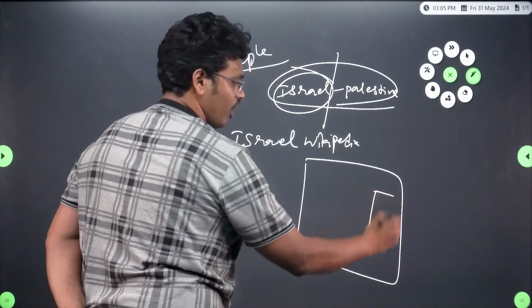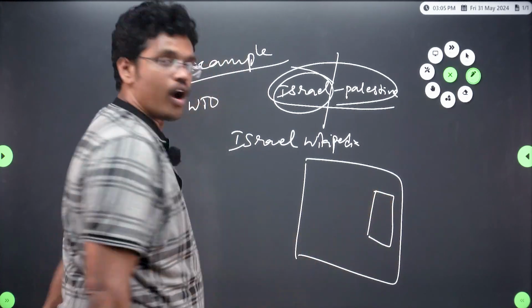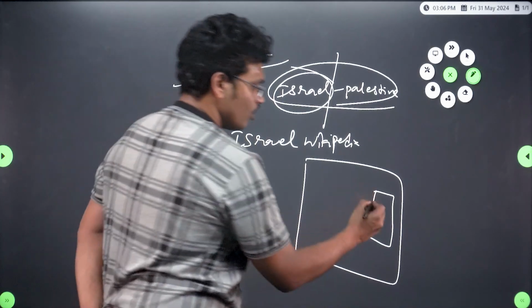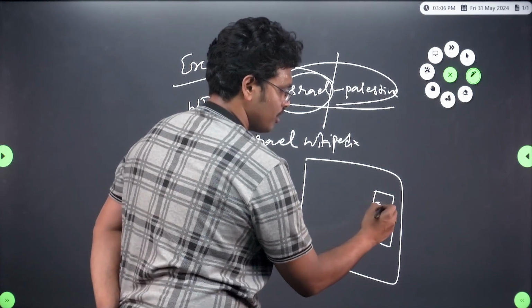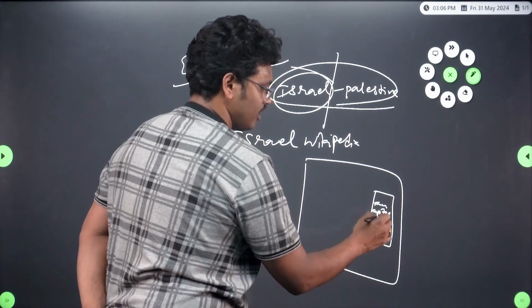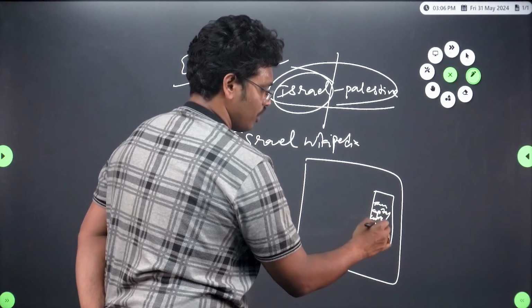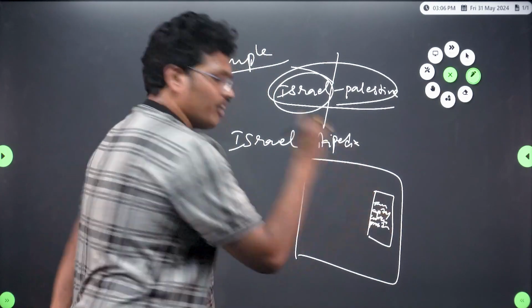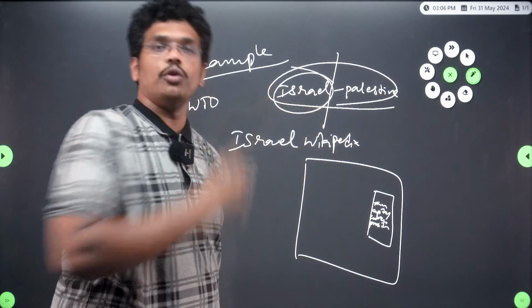In the right corner there is a box where you get factual information about Israel: when Israel was formed, what the capital is, what the currency is, who the president is, and so on. This is the extra information you need to make a note of.